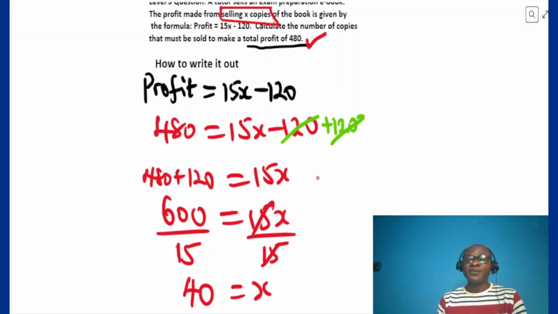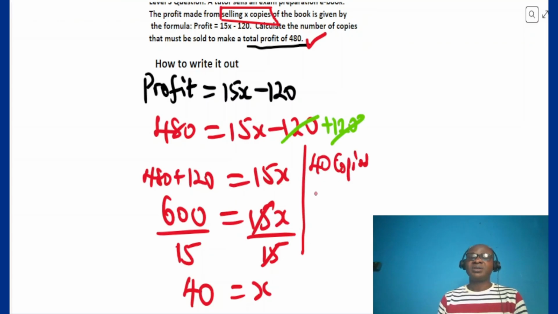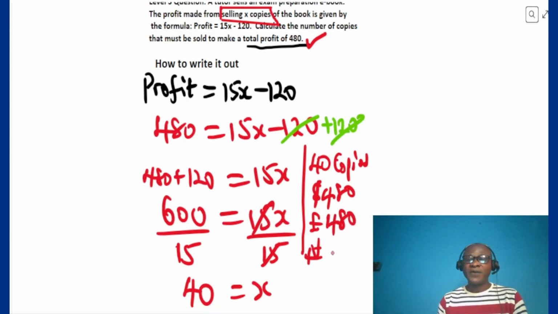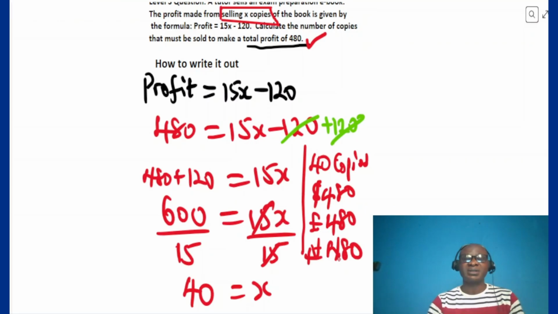Meaning, if you sell 40 copies, you can get $480 or 480 pounds or 480 naira. So that is what we are talking about.